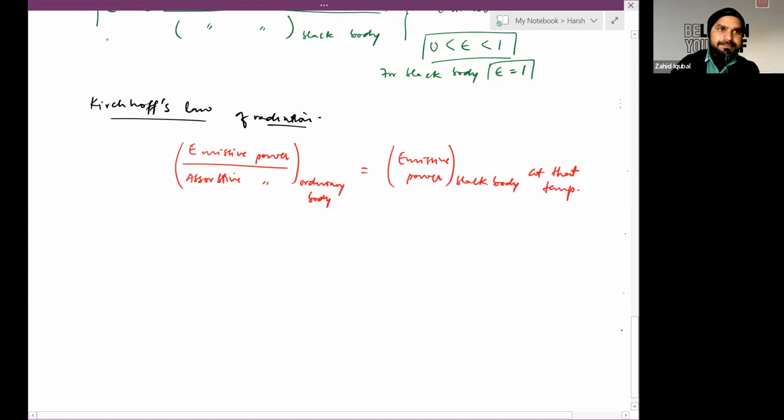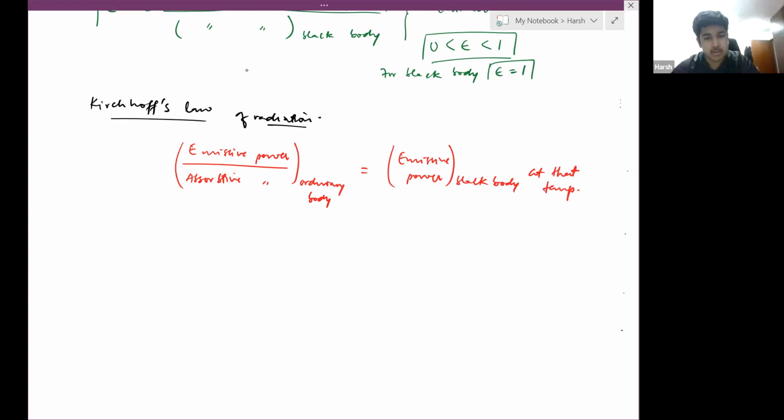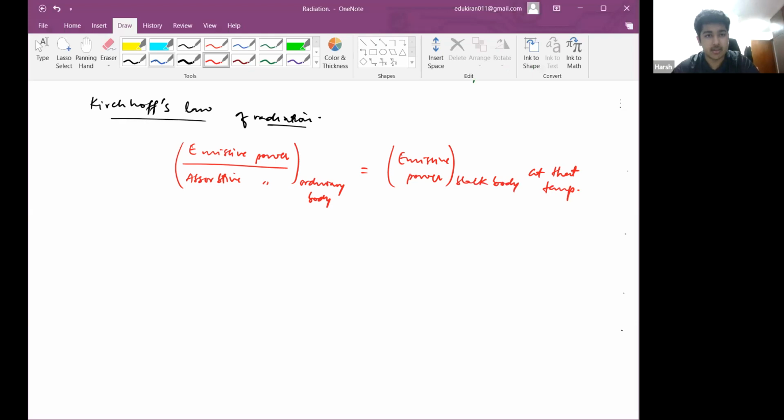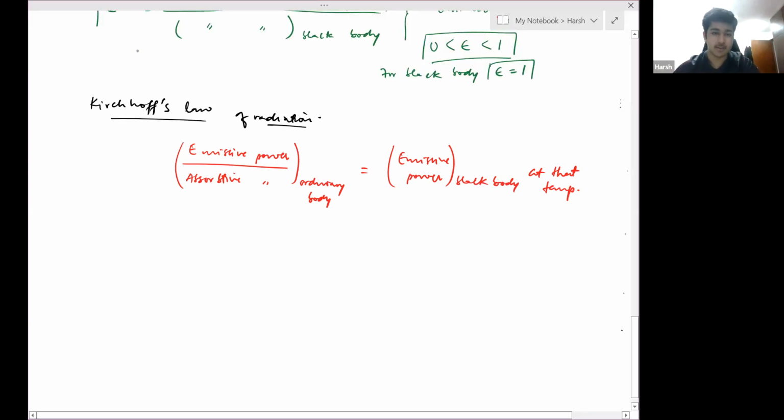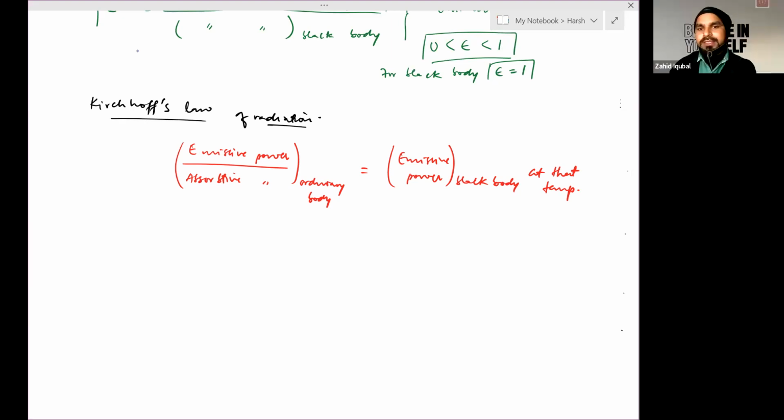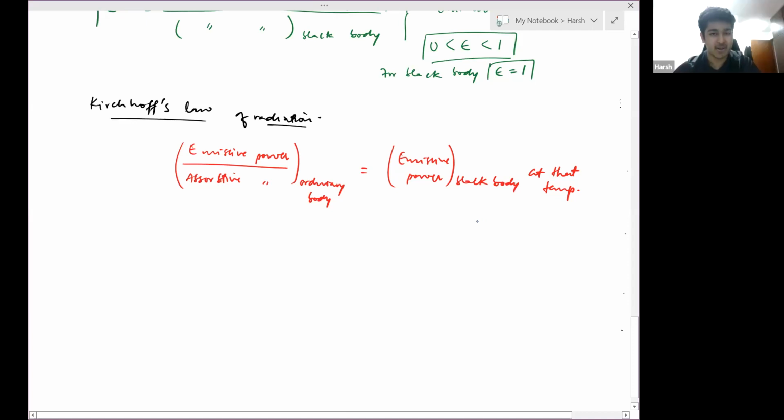Is it clear? Sir, how do you define an ordinary body? For a black body, you can define it as a perfect absorber. For an ordinary body, what will we write? Any object other than a black body is considered an ordinary body.